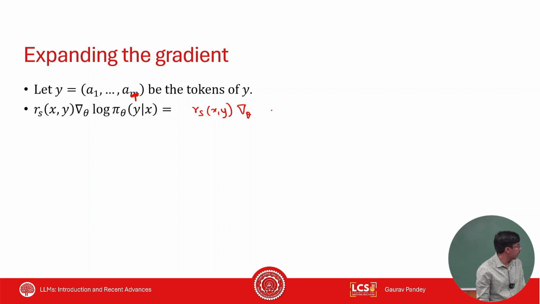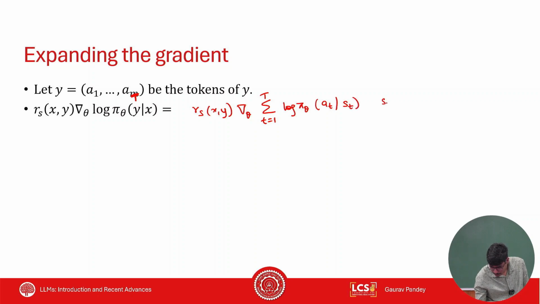Now the log of the probability of a sequence of actions, I can expand this as a summation over t equal to 1 to T of log probability of a_t given s_t, where s_t is the input prompt and all the tokens that I have generated so far.